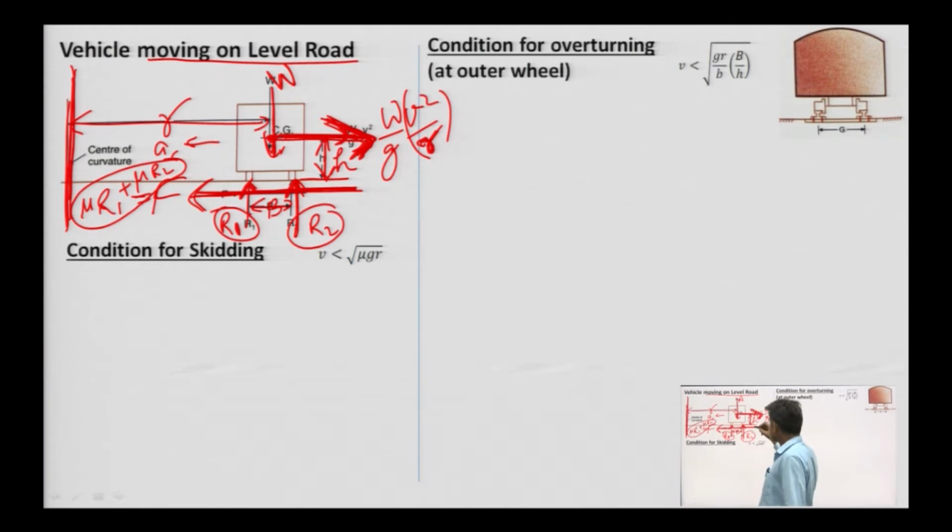This is the condition for dynamic equilibrium.